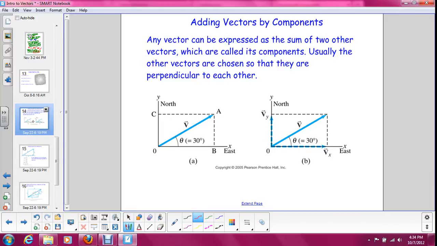So if we have our vector here, vector v, we can look at how much of this vector is x, and we can also look at how much of this vector is y. We make an imaginary line. So let's say we're shining an imaginary flashlight on our vector.